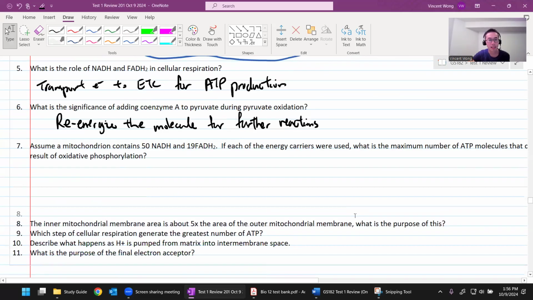Okay. So the mitochondria contains 50 NADH and 19 FADH2. Very simple math here. How many ATPs can we make? I'm just going to give you a moment to try that.